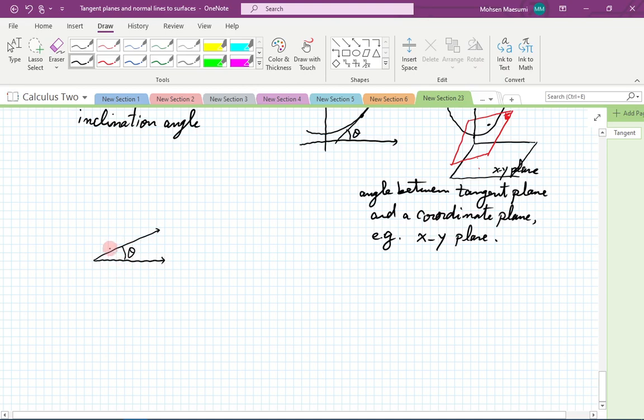First observation is that that angle is the same as the angle between the normals of these two. If I draw a line perpendicular to one and perpendicular to the other, these two make the same angle.